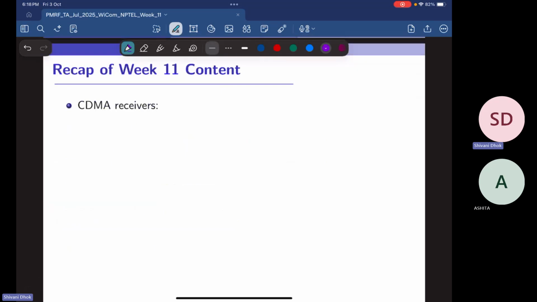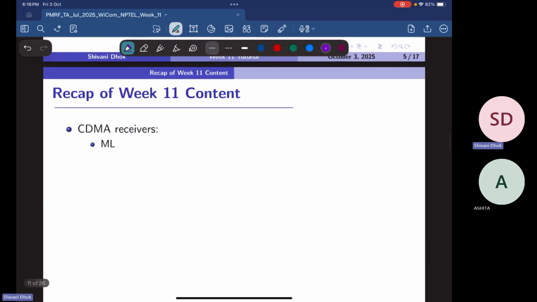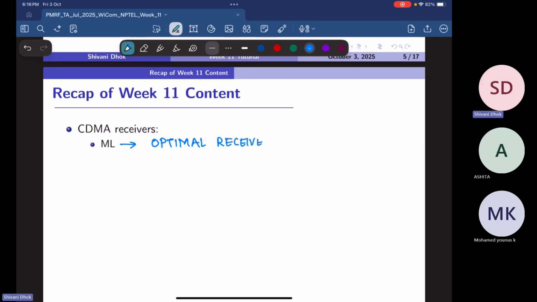After that, we moved on to look at CDMA receivers, and we looked at three types of receivers. The first one was the optimal receiver, or the ML receiver. ML stands for maximum likelihood. So this is the optimal receiver. It is called maximum likelihood because it maximizes the likelihood function.